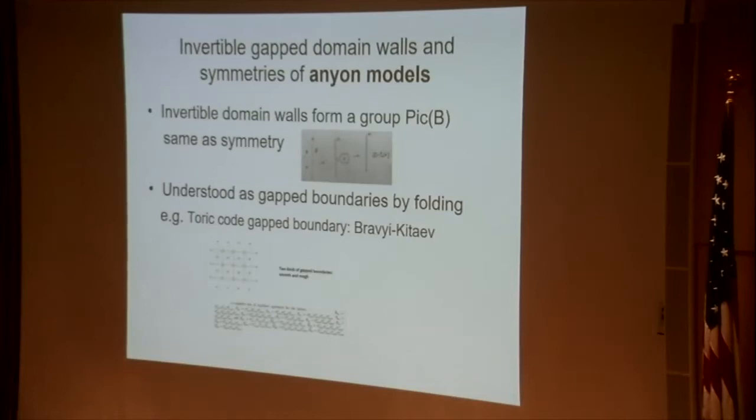So therefore, you're left with this picture. So on the right, you have an anyon wrapped inside an invertible domain wall. And that's your tensor functor. And that's your symmetry. Okay? So that's the map from the invertible domain wall to tensor autoequivalence. We have two experts here for you to show this map is invertible. And that gives you the identification of the invertible domain wall with a tensor autoequivalence.